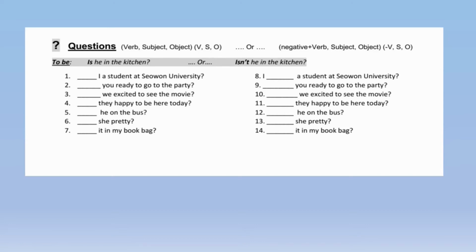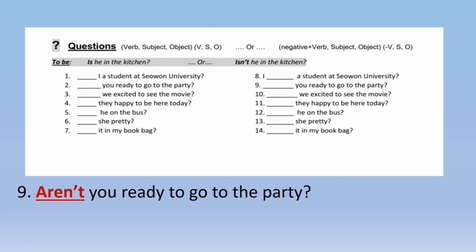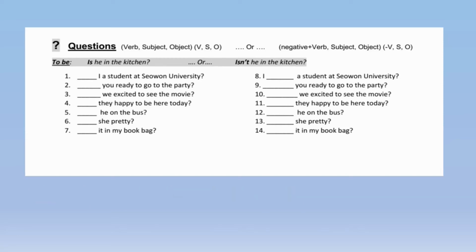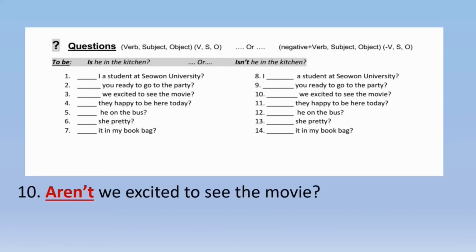Momo, you ready to go to the party? Aren't you ready to go to the party? Number 10. Momo, we excited to see the movie? Aren't we excited to see the movie?